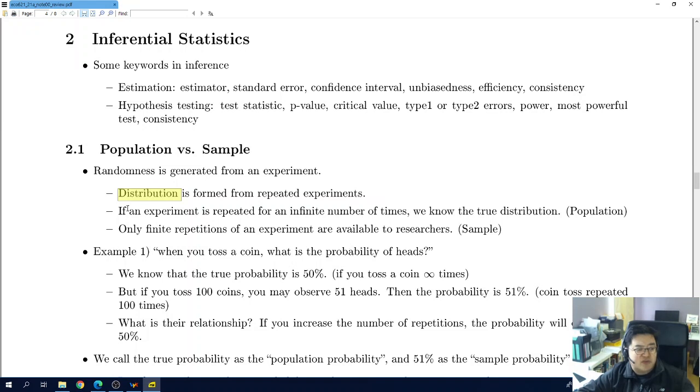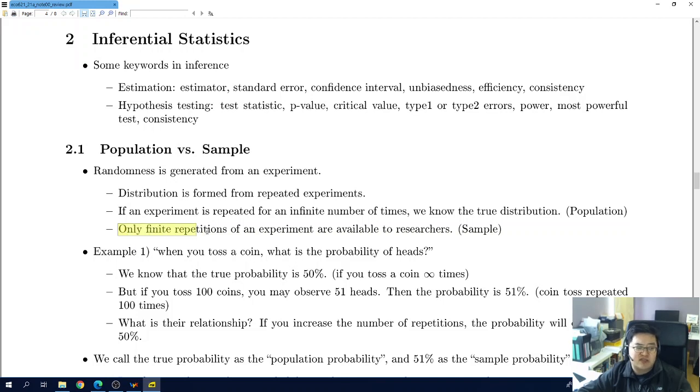If an experiment is repeated an infinite number of times, we know the true distribution, right? It's obvious. If you can repeat something forever, an infinite number of times, there will be no error. It will be perfect information, which will be the true distribution. And in statistics, we call that concept the population.